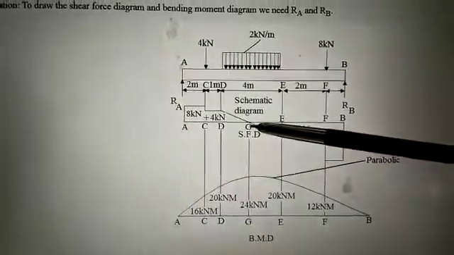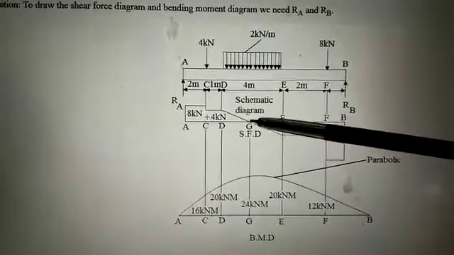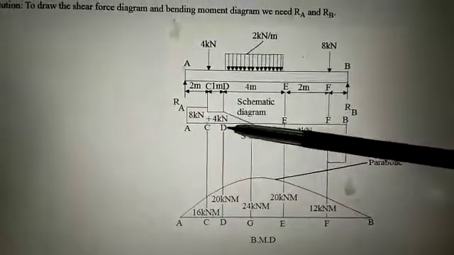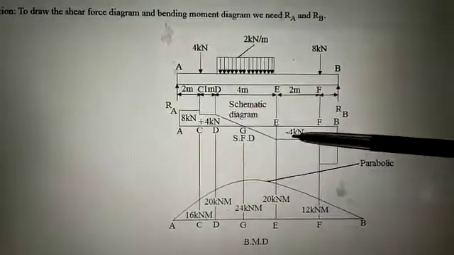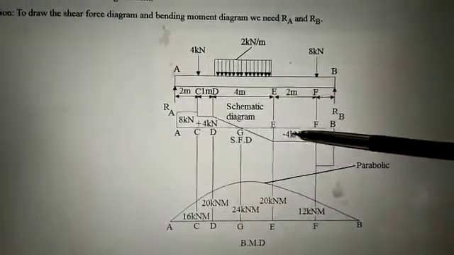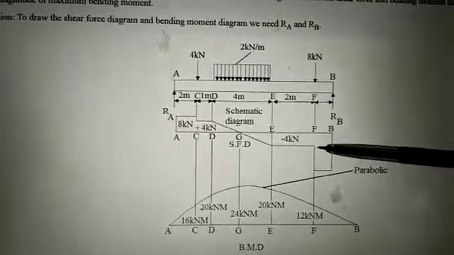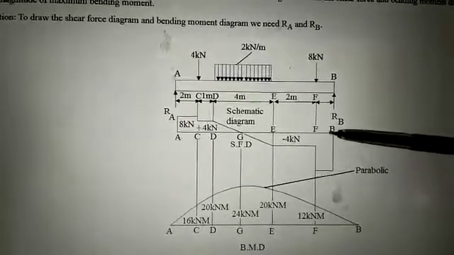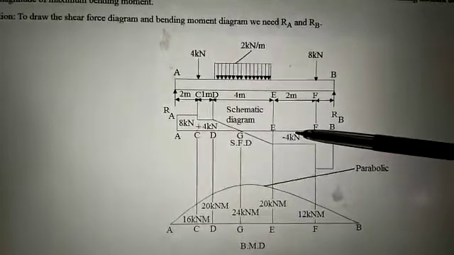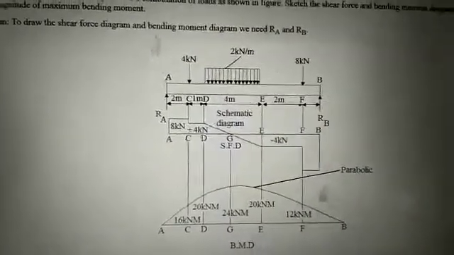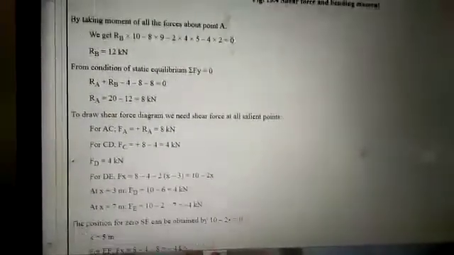By drawing this, we get the shear force diagram between this UDL. Then we obtained minus 4 kilonewton between EF, and then minus 12 at this point. So this is the shear force diagram for this loading of the beam. Now we will go on to calculate the bending moment.